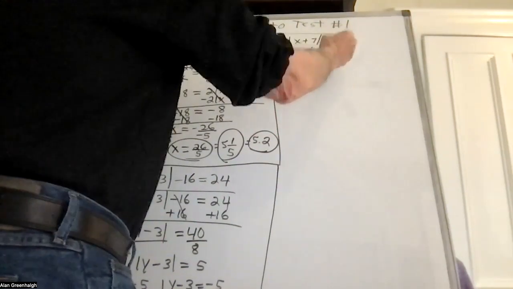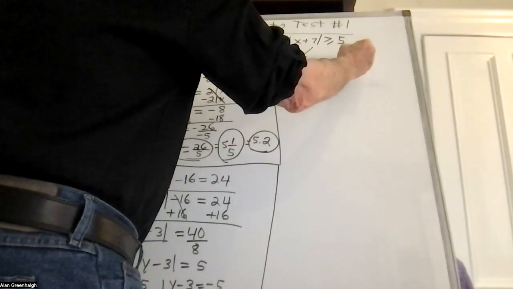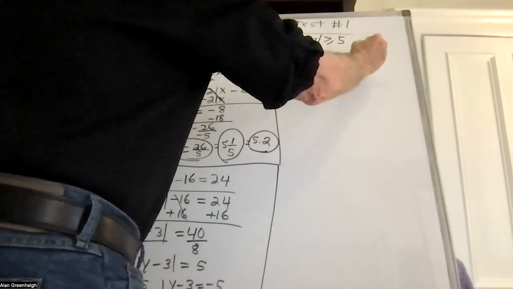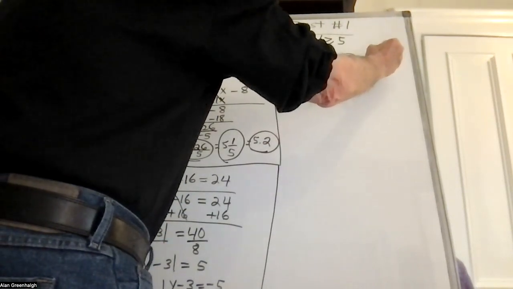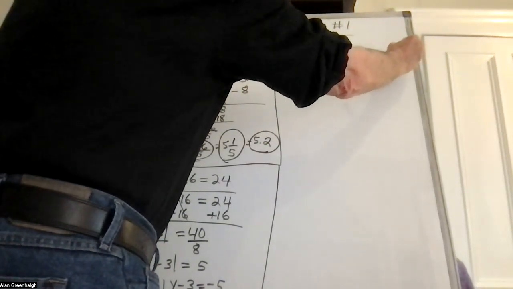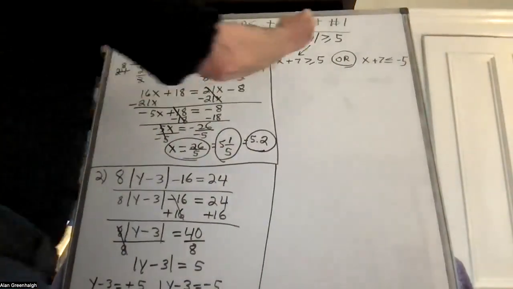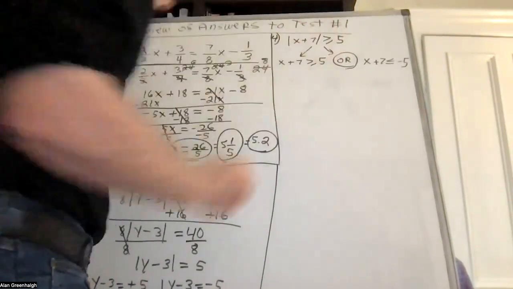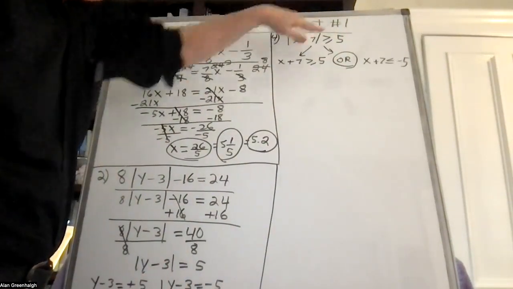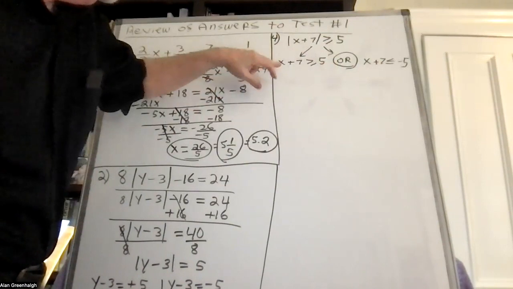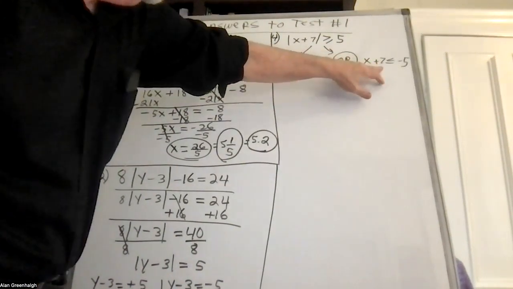And if it's a greater than, it's an or: x plus 7 less than or equal to -5. So once again, when you have a situation like this, you're going in two directions. You're going to this and to that.